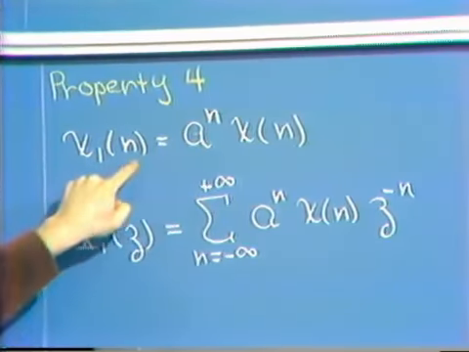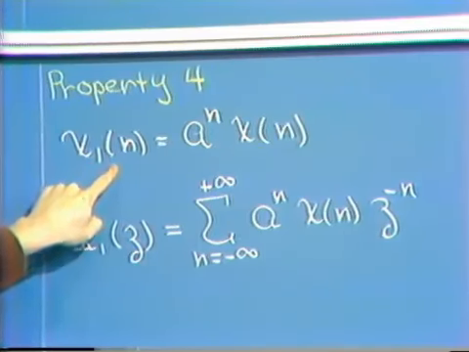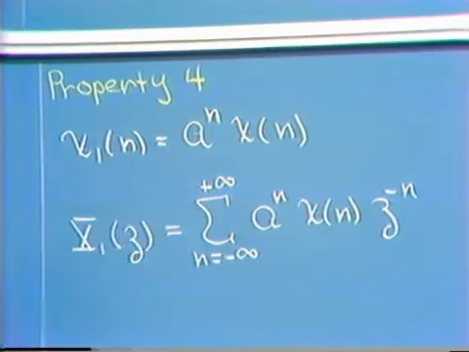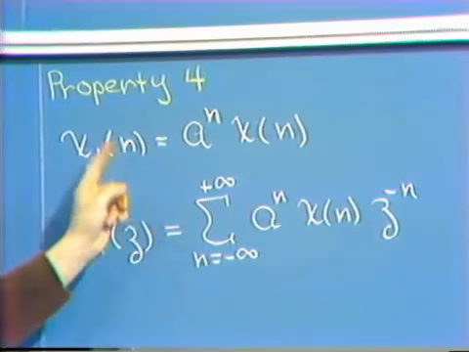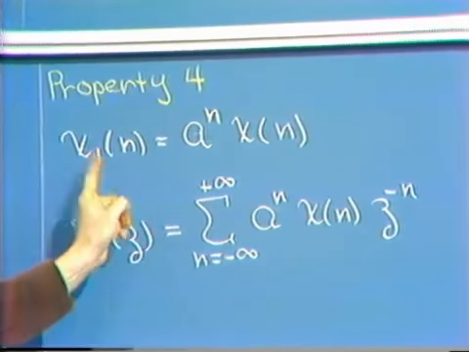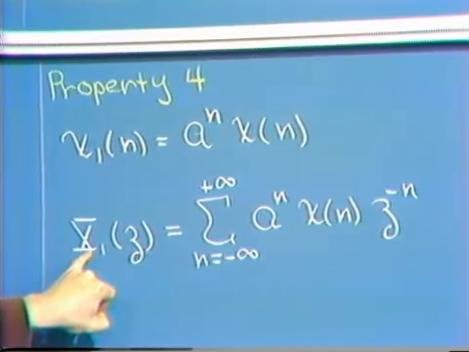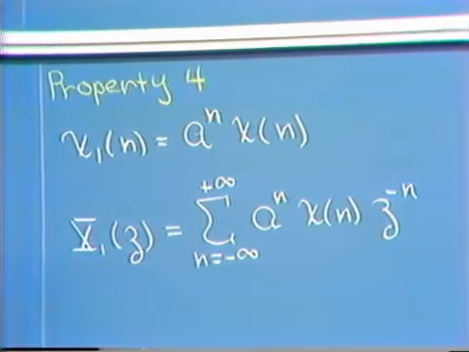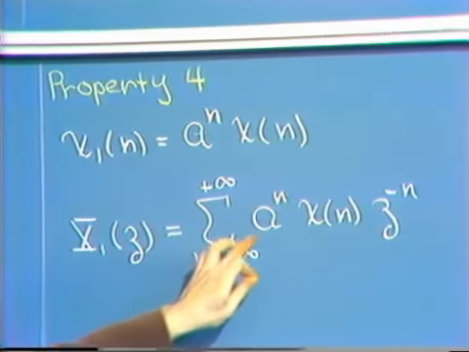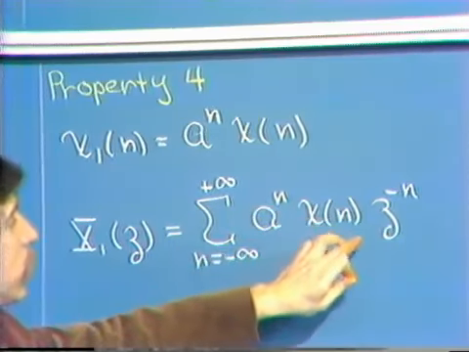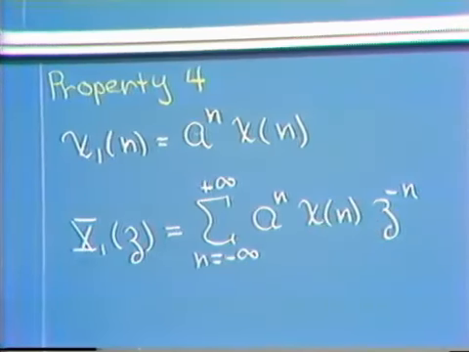I am forming a new sequence x1 of n, which is a to the n times x of n. And to derive the relationship between x1 of z and x of n, again, we can look at the z transform x1 of z, which is the sum of a to the n x of n times z to the minus n.